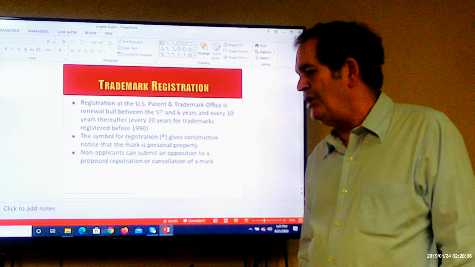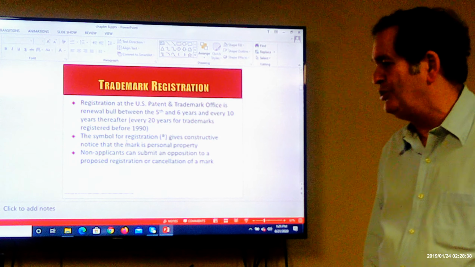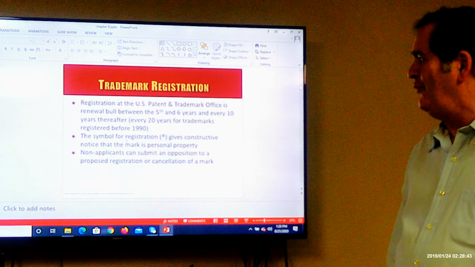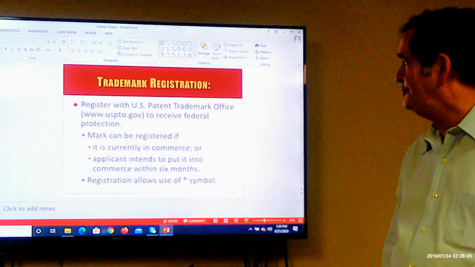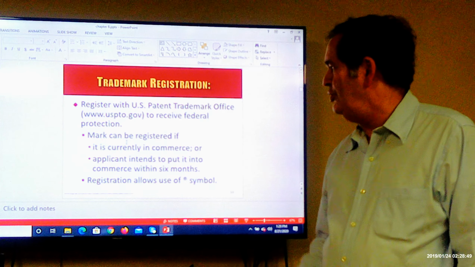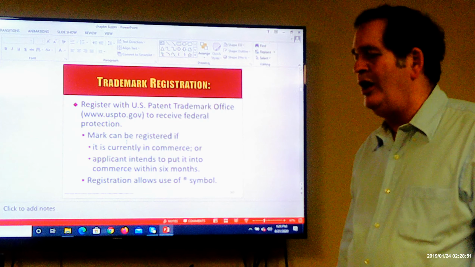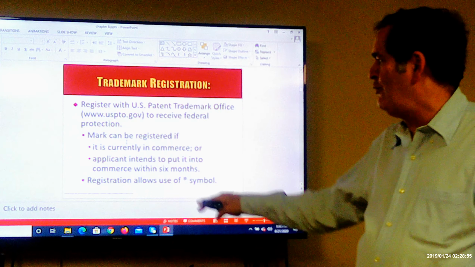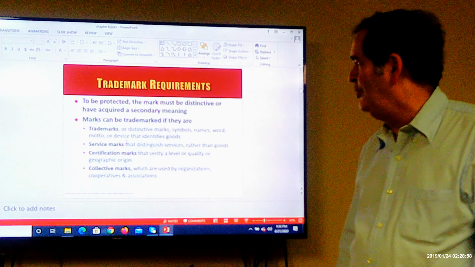And applicants cannot submit an application to protect that right that's already been given by your filing for that registration. You can register your mark if it's currently in commerce, or if you intend to put it into commerce within 6 months. And that registration allows you to use that symbol.